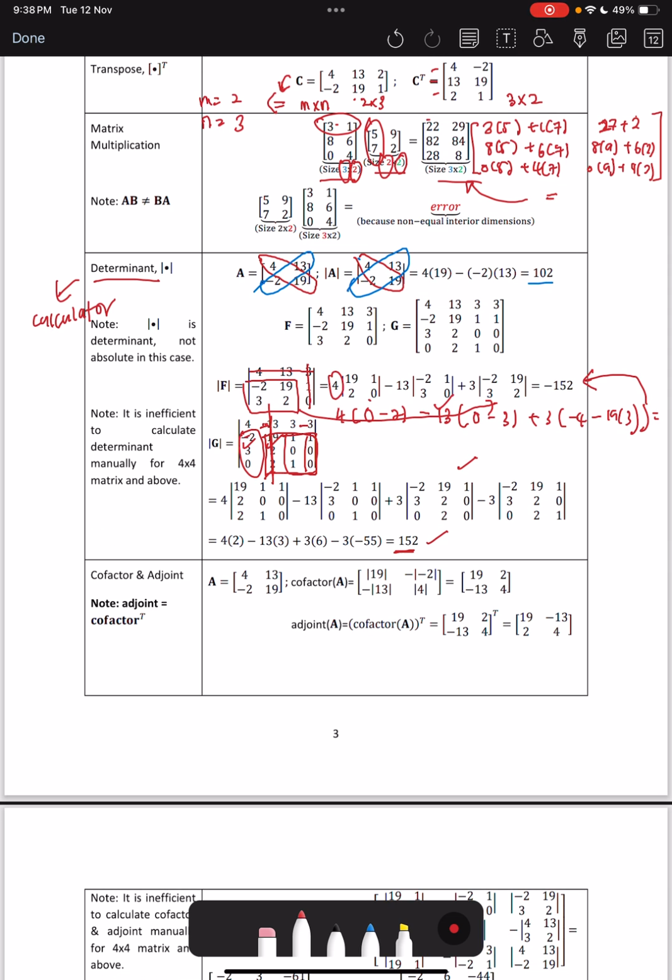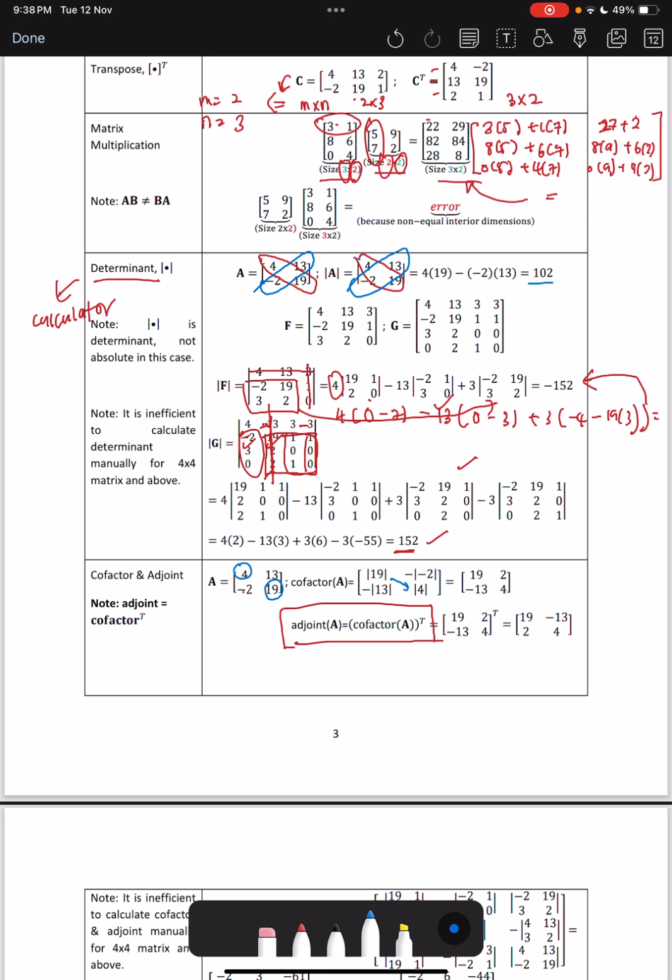I hope you still remember that the adjoint is actually the transpose of the cofactor of matrix A. Let's say we have a matrix A given as 4, 13, negative 2, and 19. The cofactor of that matrix A: you rearrange a bit. This is 19, this is 4.